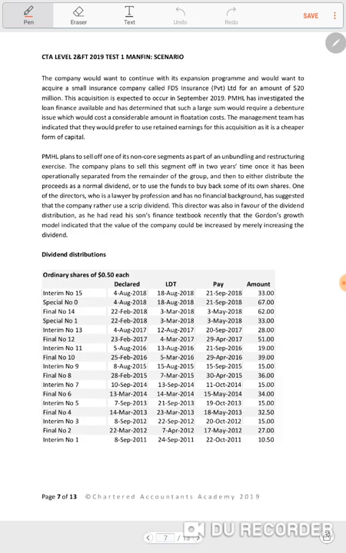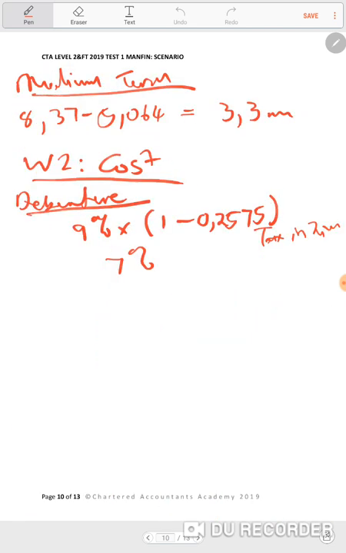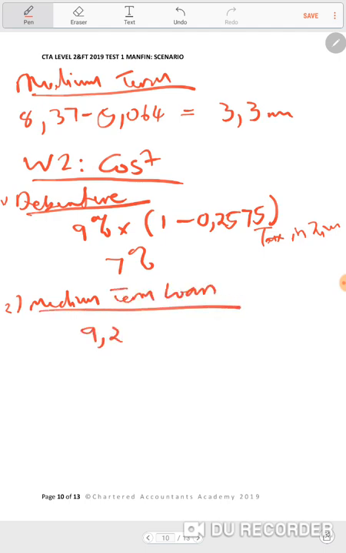So let's just subtract our tax. It's the same, easy marks first. So on our medium term loan, it's just going to be 9.25% times 1 minus 0.2575, and then you get your answer.